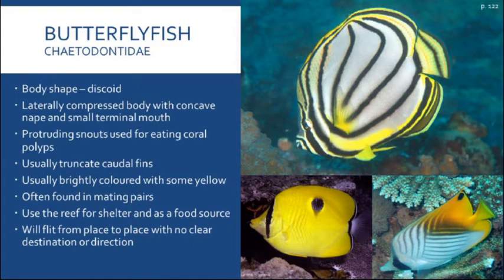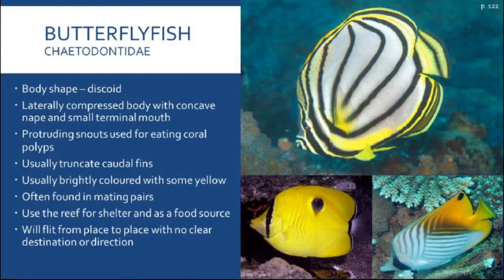Predators tend to approach their prey from the back, so the predator will attempt to approach from this end, thinking this is the front end, thinking this is the eye. But this is actually the front end, so the butterfly fish sees the predator coming and is able to escape nice and quickly.